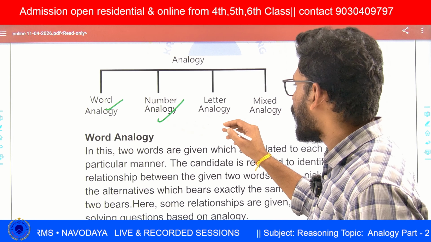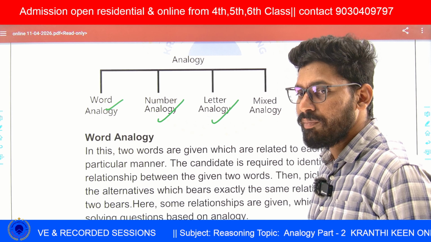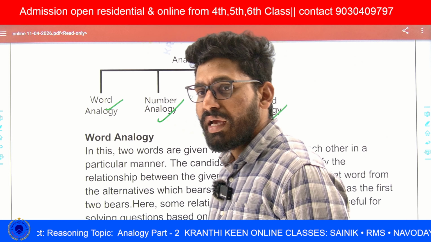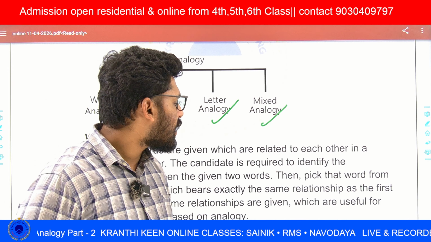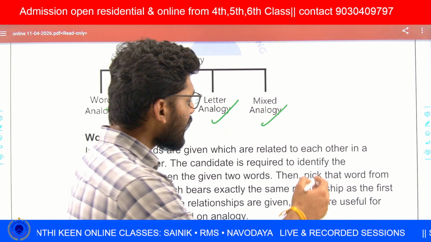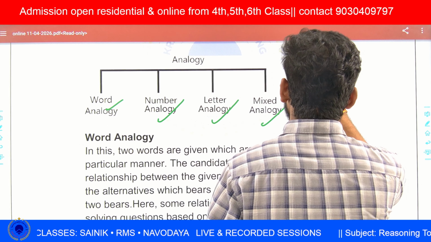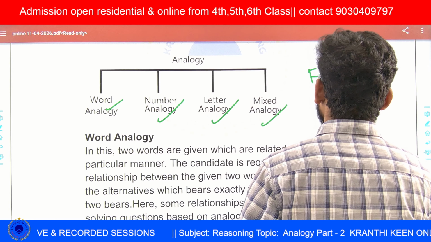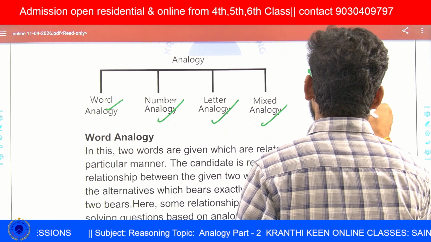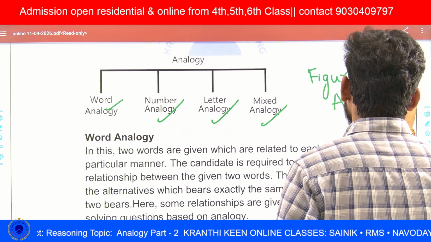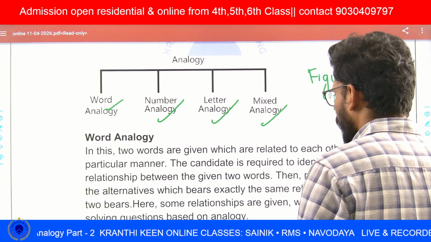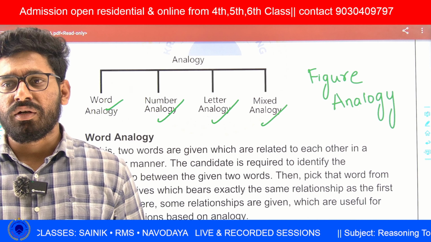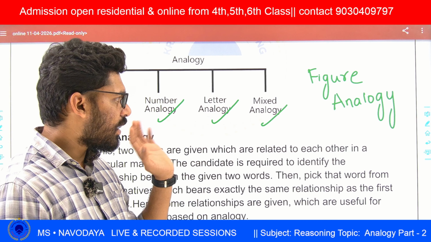The same goes for letter analogy, which is based on letters, and mixed analogy, which is a mixture of letters and numbers. I also told you that figure analogy is completely a topic of non-verbal reasoning, but we are going to solve it in this chapter only, both together.